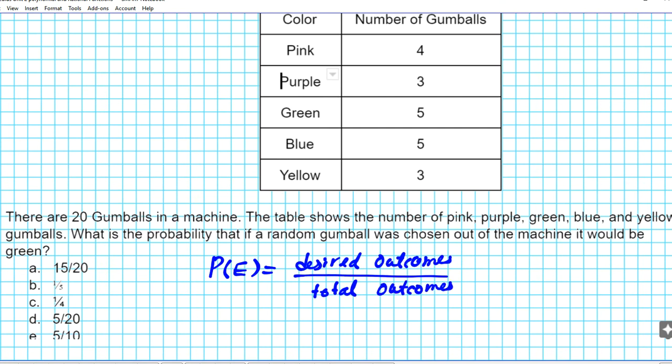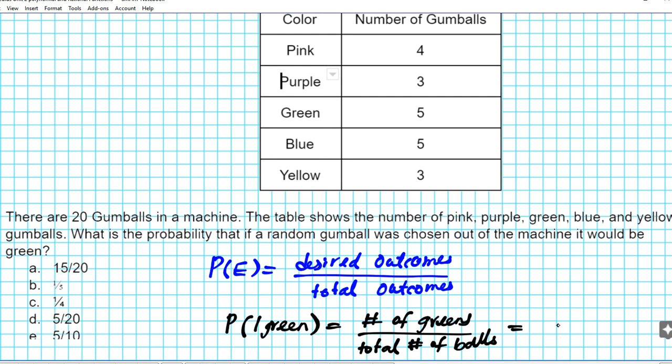So we can use this here. The probability of getting one green is going to be the number of greens, that's the desired, divided by the total number of gumballs. How many green balls are there?